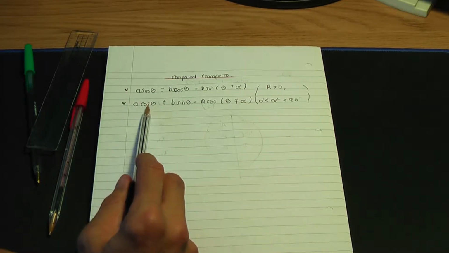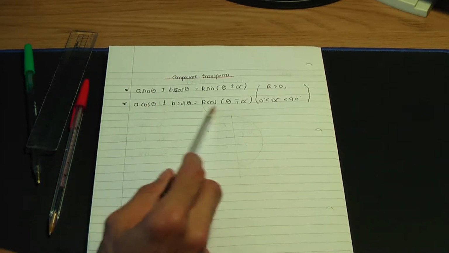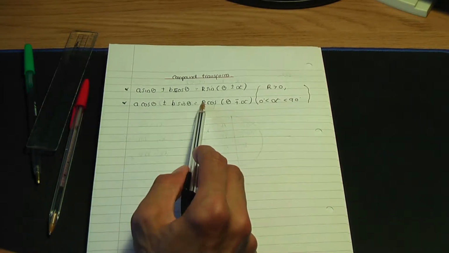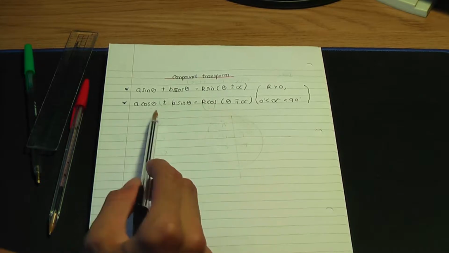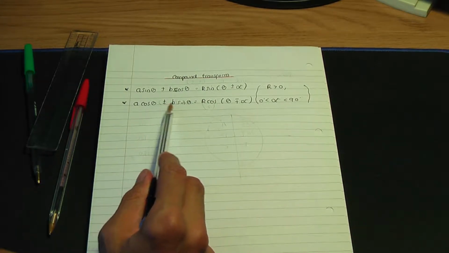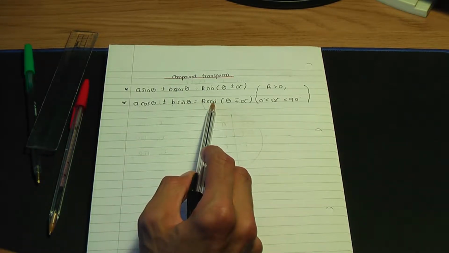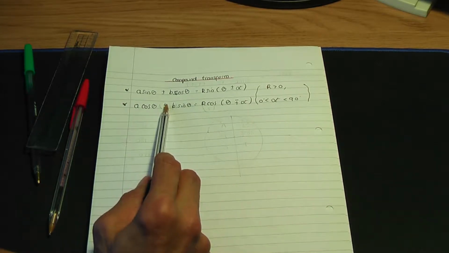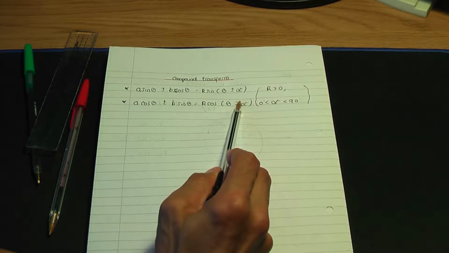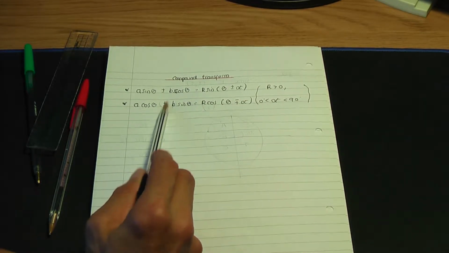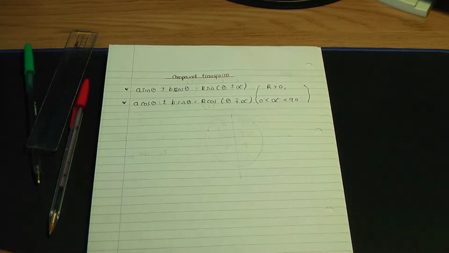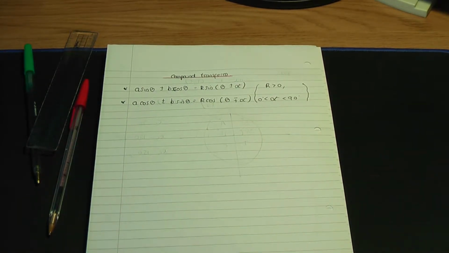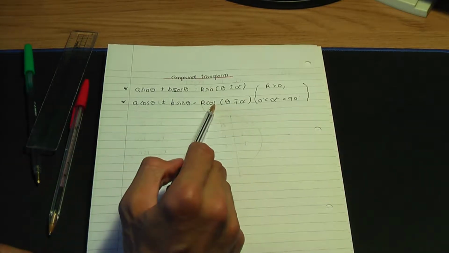Similarly, for the second bullet point, it starts with a cos theta, so the corresponding form will be an r cos. However, according to the compound angle formula for cos a plus or minus b, the plus on the left corresponds to a minus on the right, and the minus on the left corresponds to the plus on the right. So these signs are a consequence of the compound angle formulae for sine and cos.